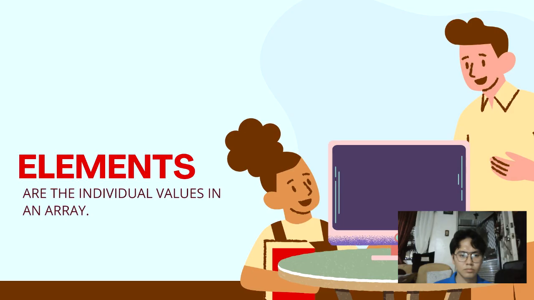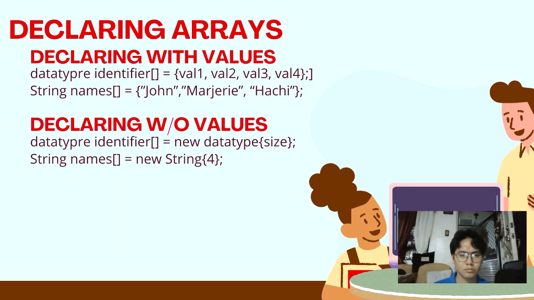So our next topic is about declaring arrays. We have two ways of declaring arrays. We have declaring arrays with values, like John, Marjorie, Hachi, where we use the data type identifier, value 1, value 2, value 3, and value 4. Since we will be using letters, we will be using string as the identifier, and the names John, Marjorie, Hachi.